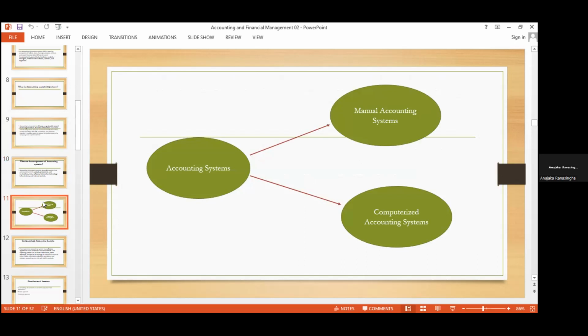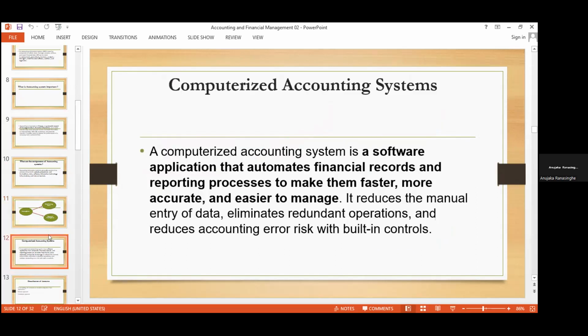We can divide accounting systems into two types: manual accounting systems and computerized accounting systems. We discussed the computerized accounting system earlier. We prepare our financial statements through accounting software, packages, and accounting infrastructure.